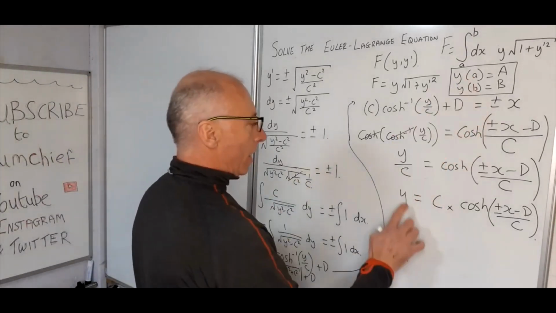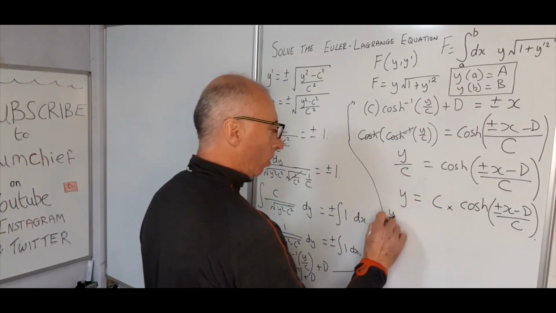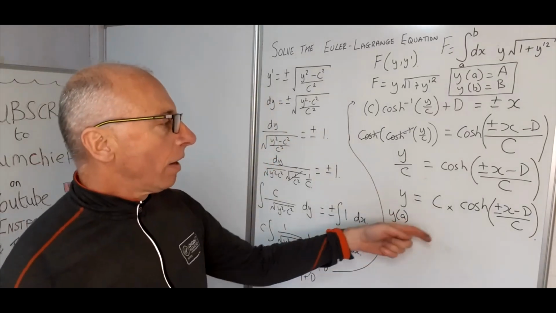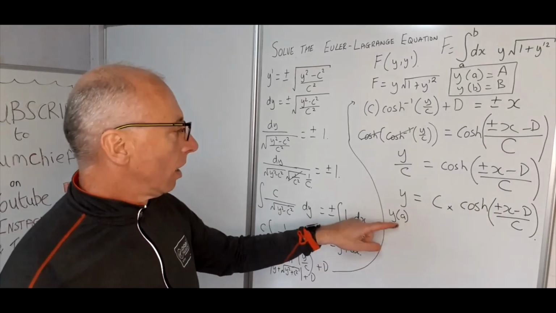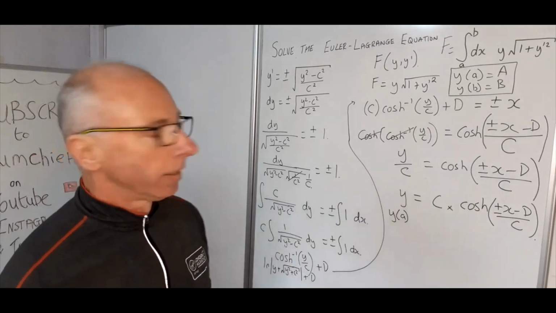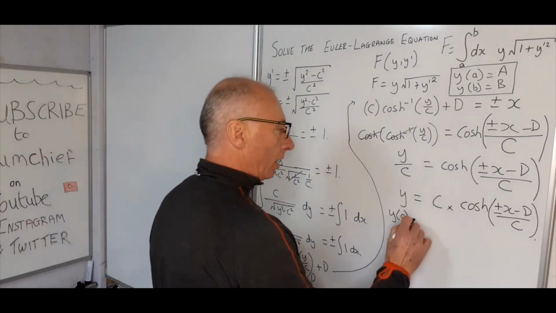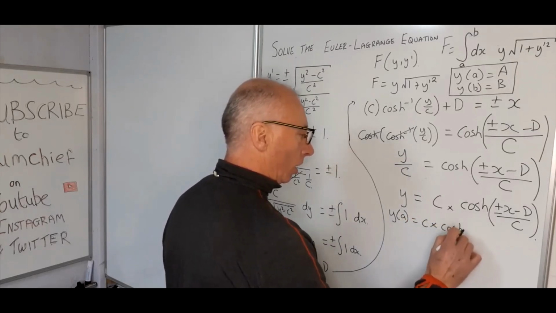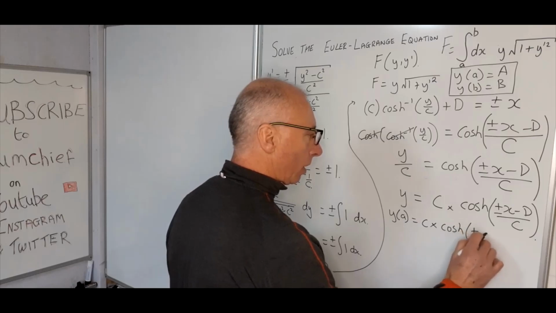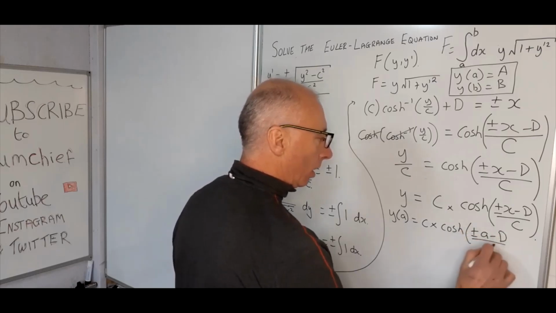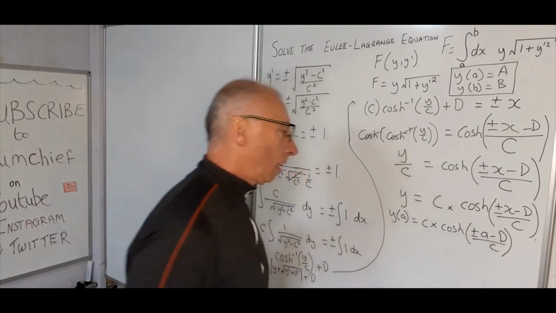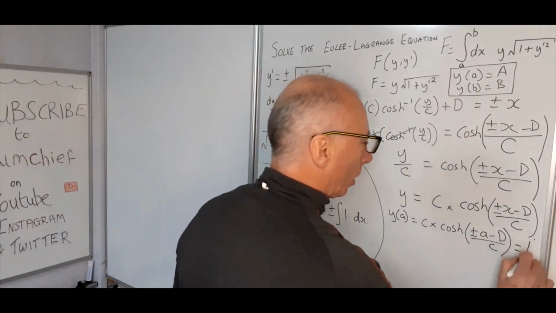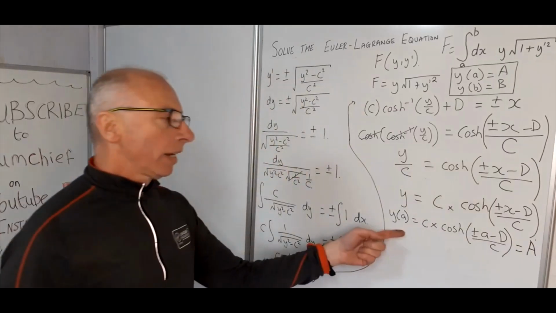So for y of a, wherever I see an x, I'm going to write an a. So y of a equals c times cosh of plus or minus a minus d over c, and this will equal a. That's our boundary point for our variable a.